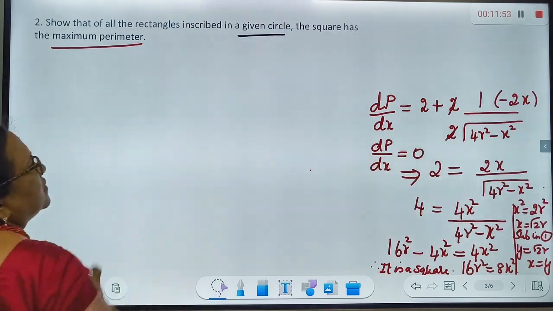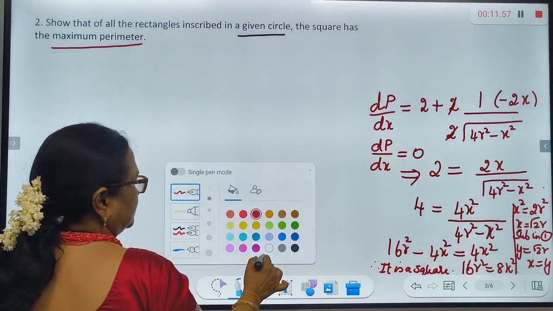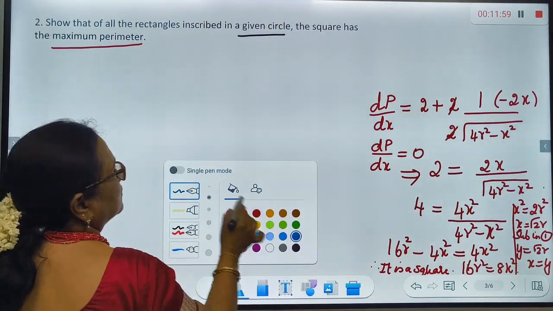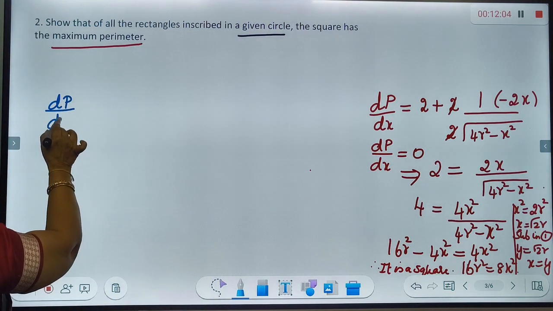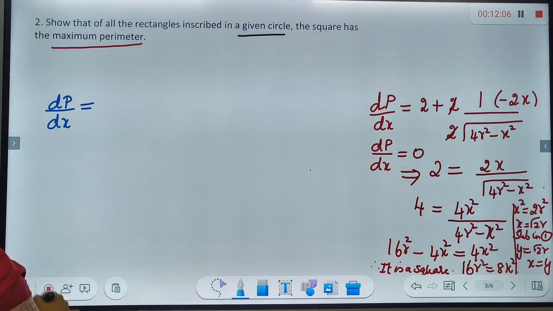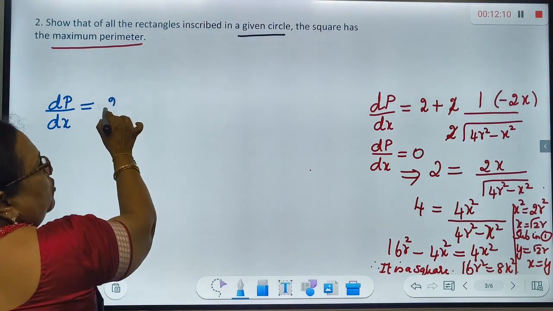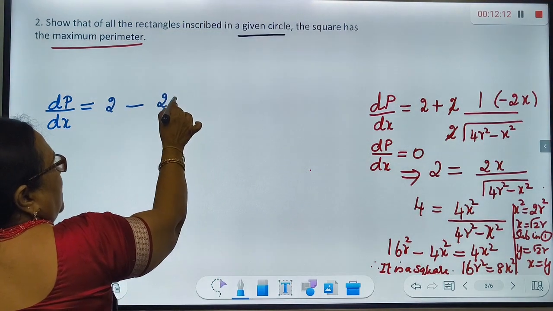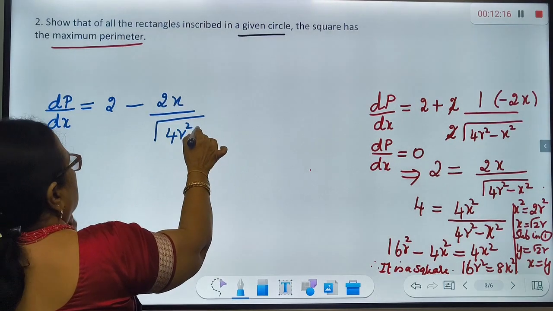Okay, so what is dP by dx? Now dP by dx is equal to 2 minus 2x by root of 4r square minus x square.